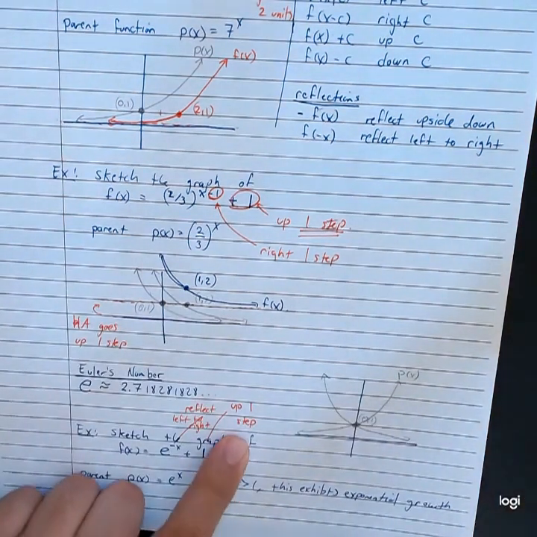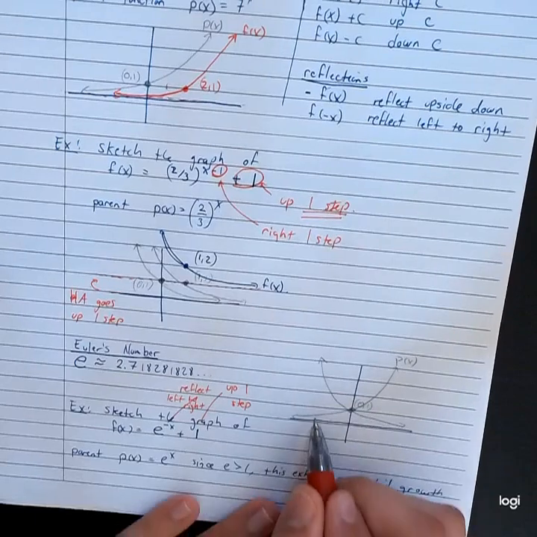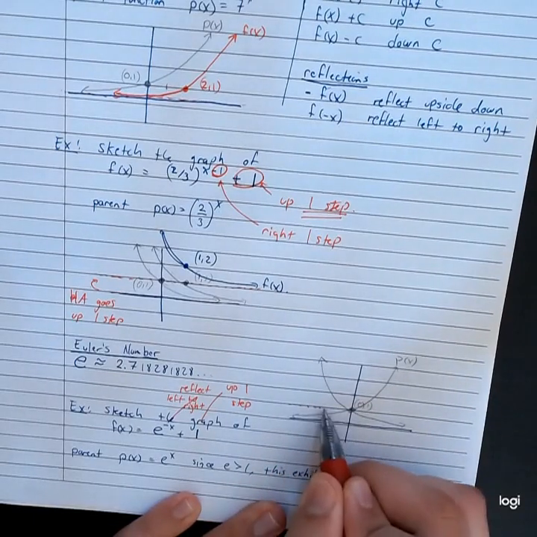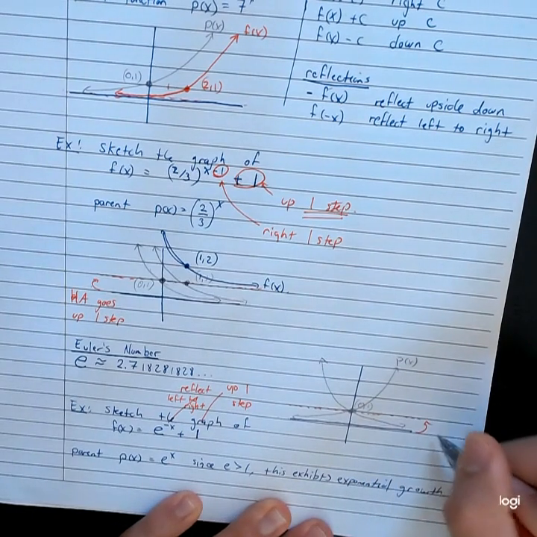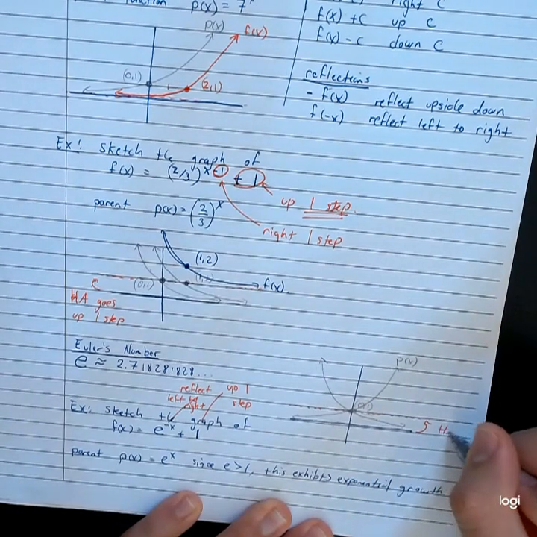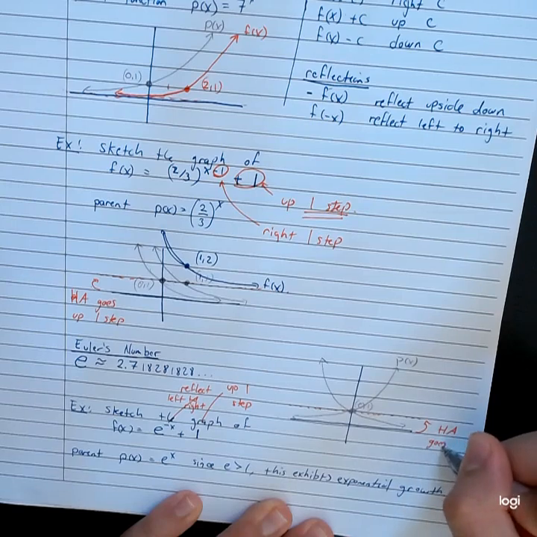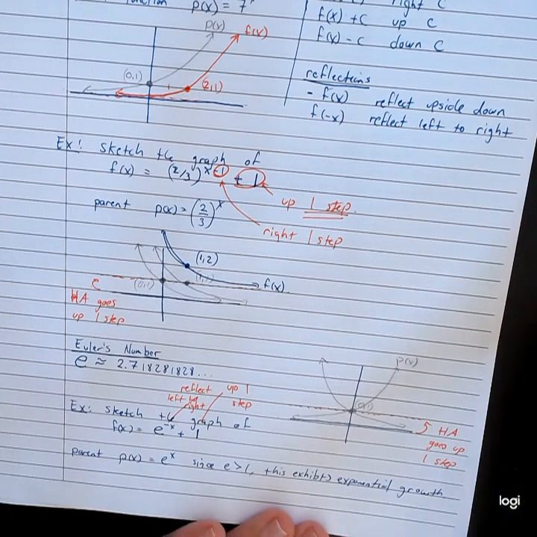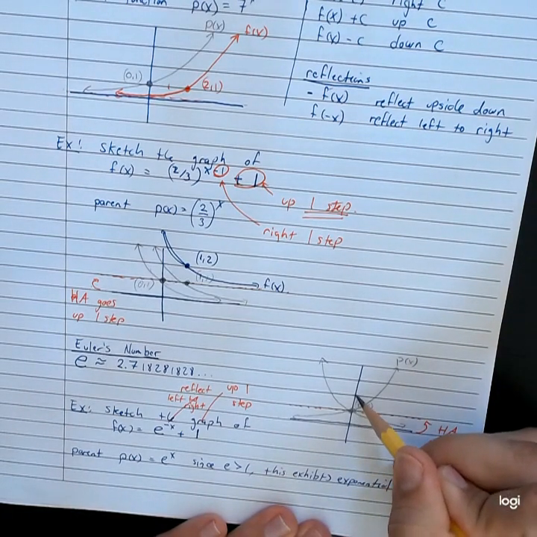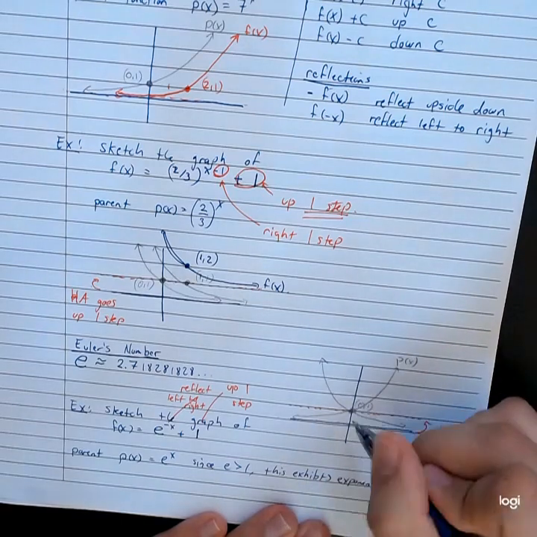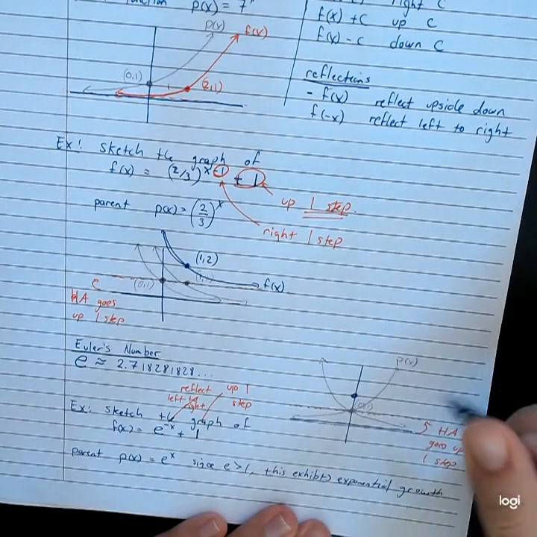Now my asymptote is different. Instead of being the x-axis, it's now 1 step above the x-axis. The horizontal asymptote goes up 1 step, and this point would also go up 1 step. So now, instead of having an intercept at 0, 1, I now have one at 0, 2.